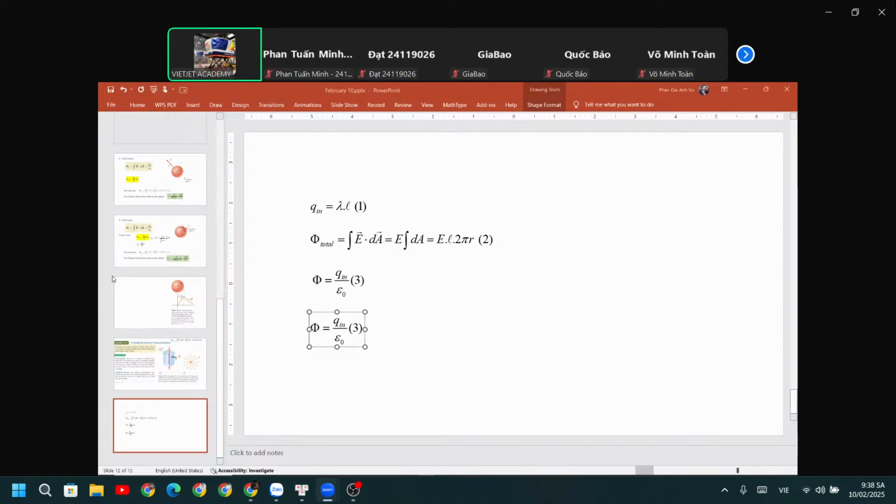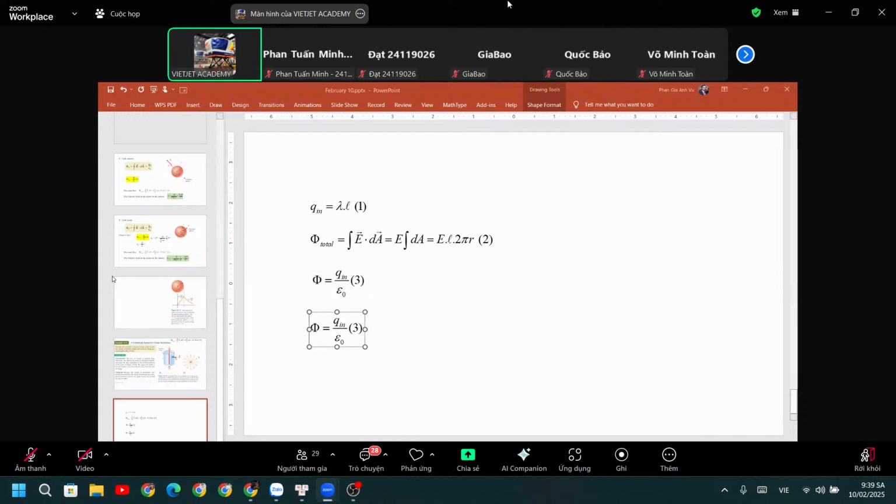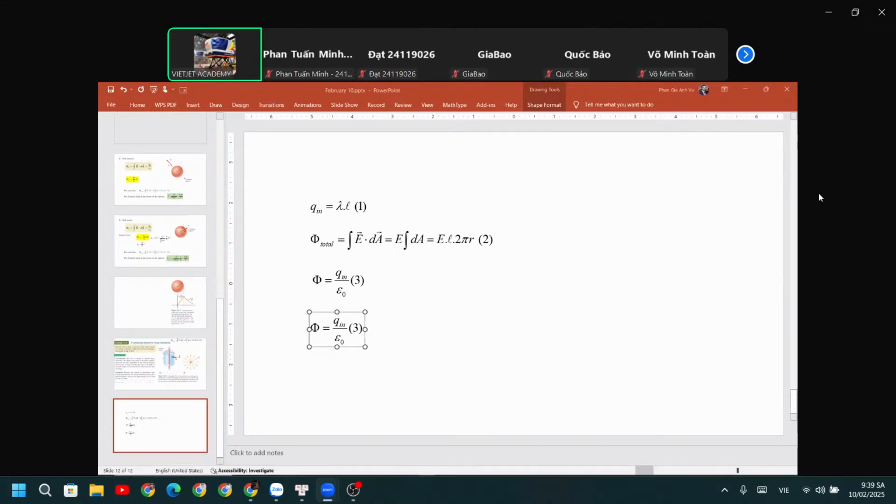E is equal to Q in over epsilon 0, where Q in is lambda L, divided by the area, which is L times 2 pi R.